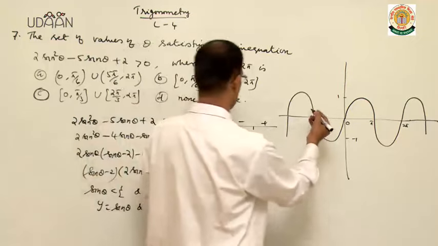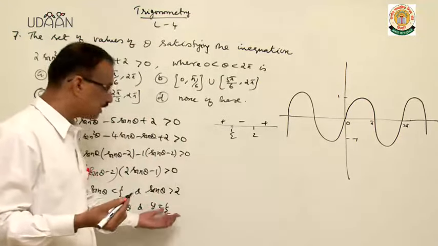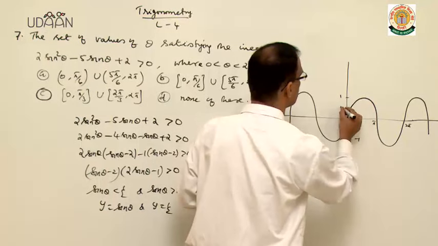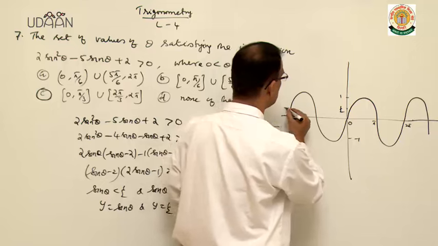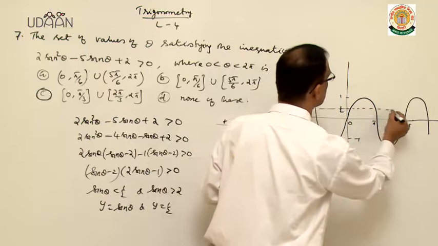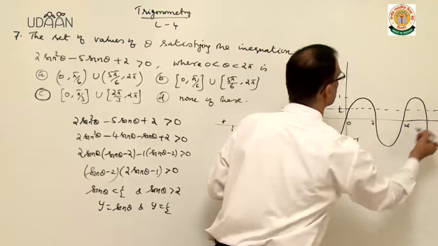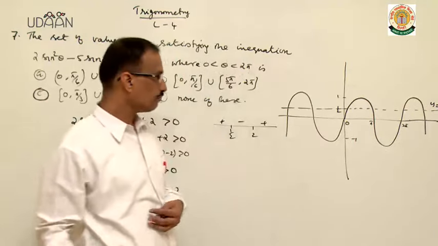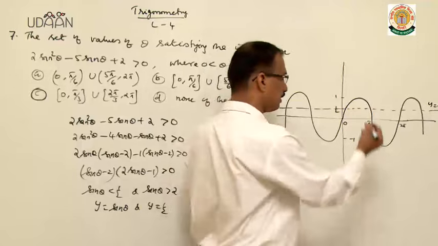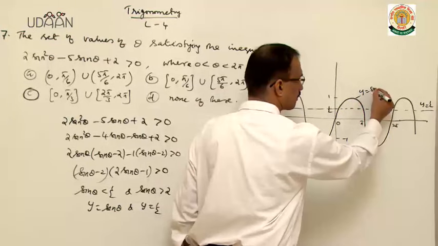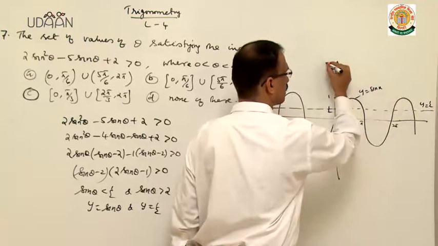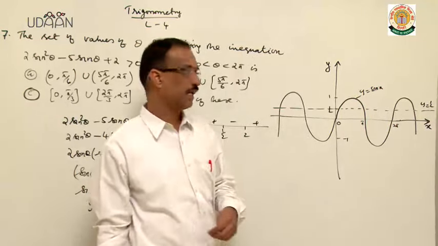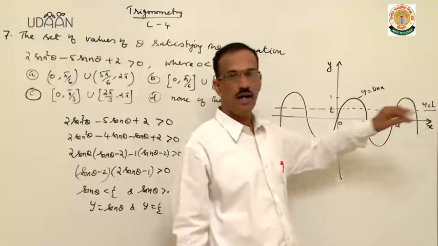Then we draw another equation, that is y equal to half. So, this is your y equal to sin x and y equal to half.